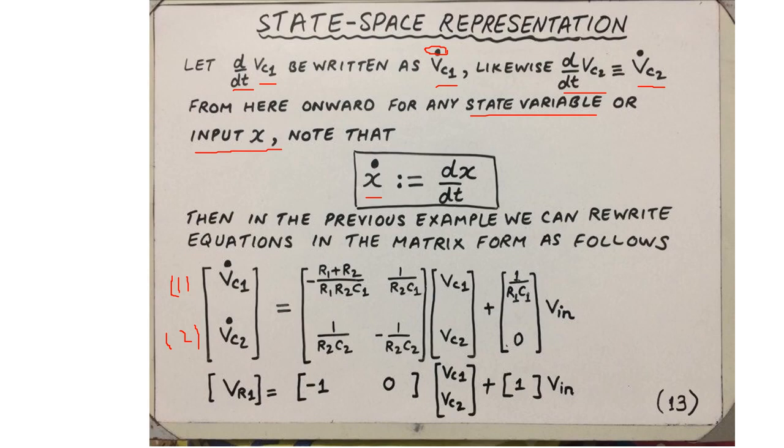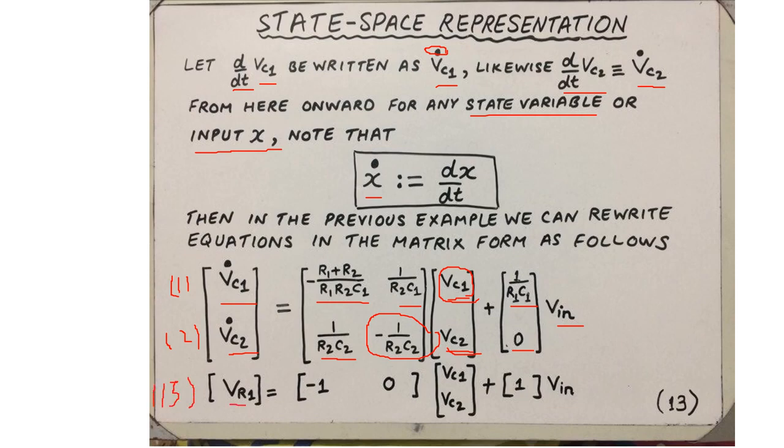So Vc1 dot, that is the rate of change of Vc1, is this coefficient multiplied by Vc1 plus 1 over R2C1 times Vc2 plus 1 over R1C1 times Vin. Vc2 dot will be 1 over R2C2 times Vc1 minus 1 over R2 times Vc2 plus 0 times Vin. And equation 3 in the matrix form is given as VR1.